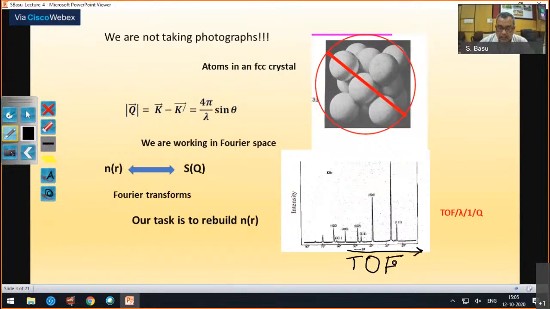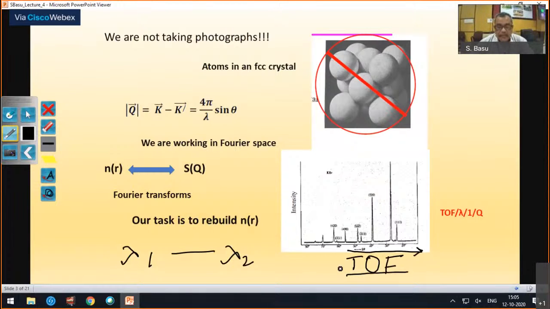They use a polychromatic beam where you have a range of lambdas, and the data is collected as time of flight. I'll discuss this later in greater detail.